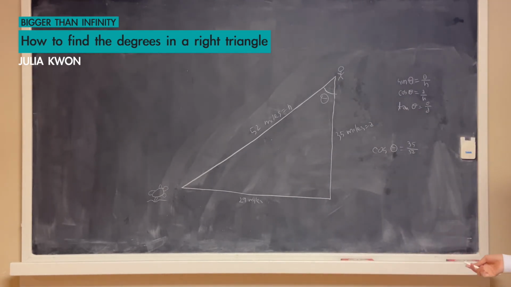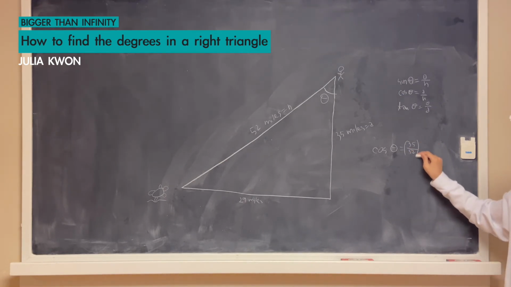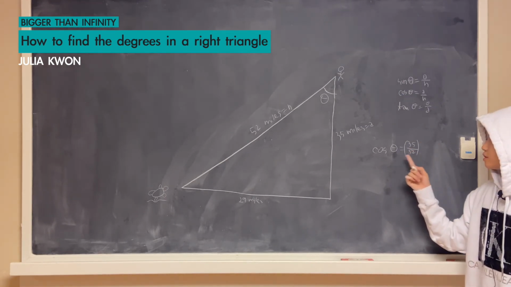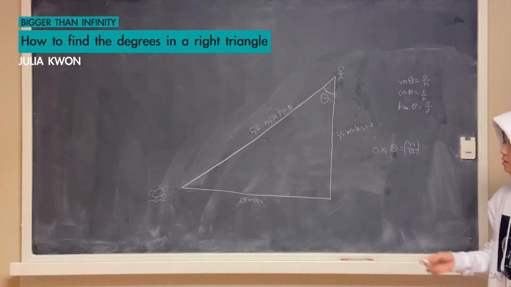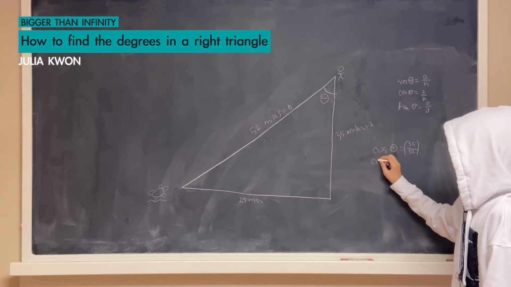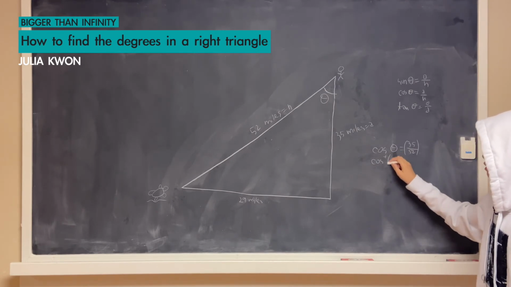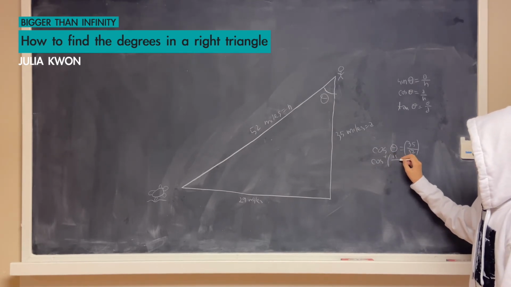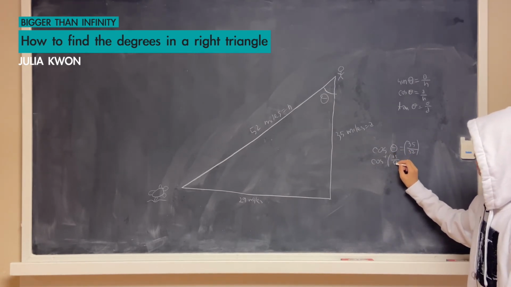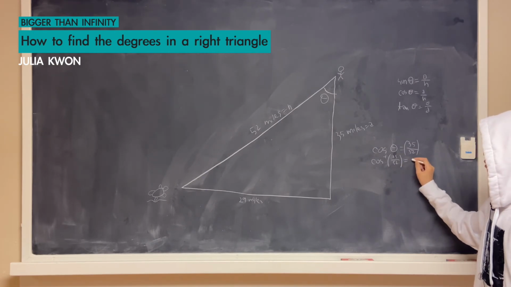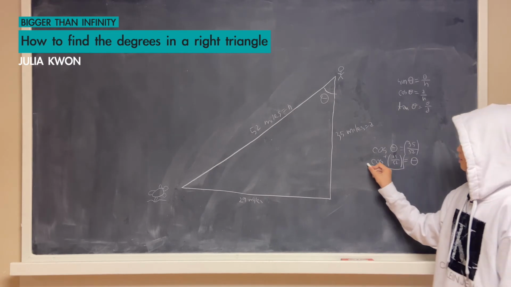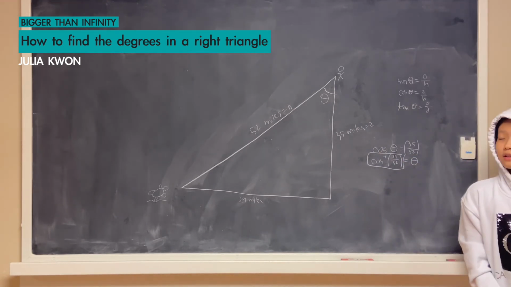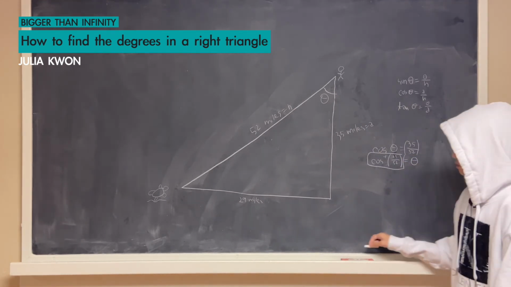And if we switch the fraction and the theta places, then we would get the inverse of the cosine of 35 over 52 equals the theta. And then if you just put this into your calculator, you would get your degrees, your answer.